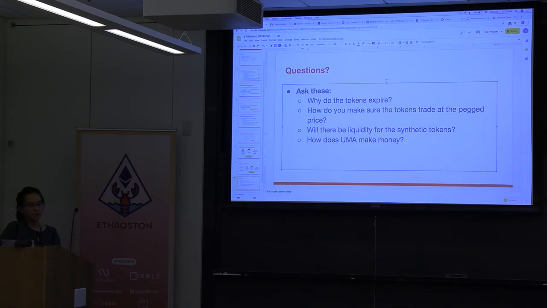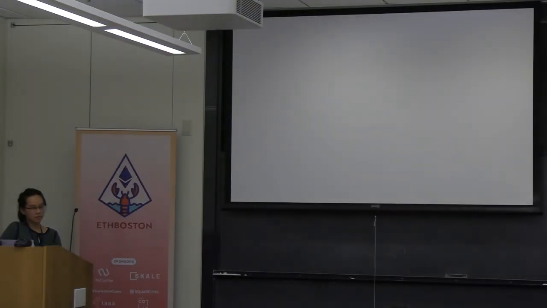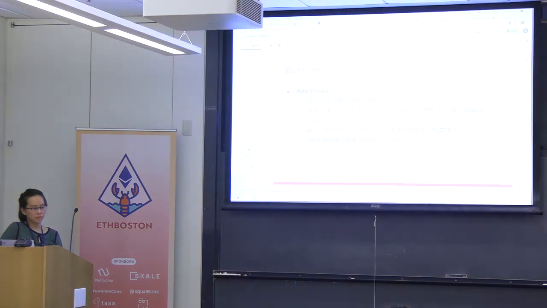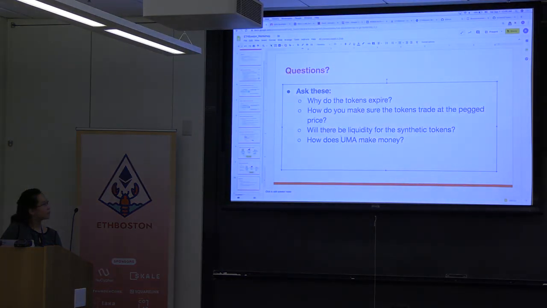And the real life version's trading at $100, and the synthetic version could be trading at 110, right? In that case, you sell the synthetic version, buy the real version, and you know that by the end of the year you'll make $10. Whereas if the synthetic version is trading at a discount at $90, then you do the opposite. You buy the synthetic, sell the real one, and you know you make $10 by the end of the year. But if you don't have that expiry, you don't know that that's going to happen, right?